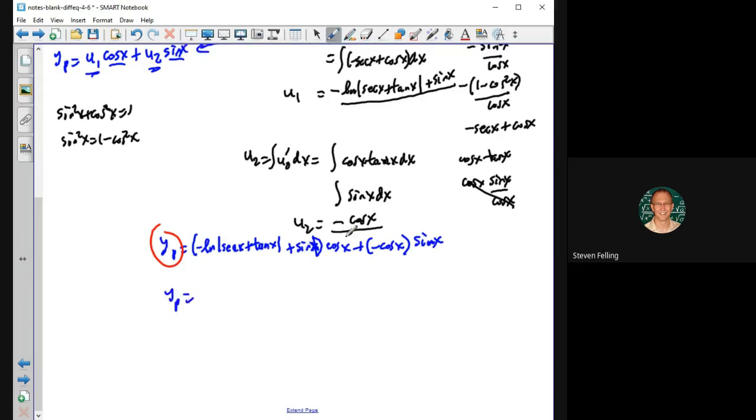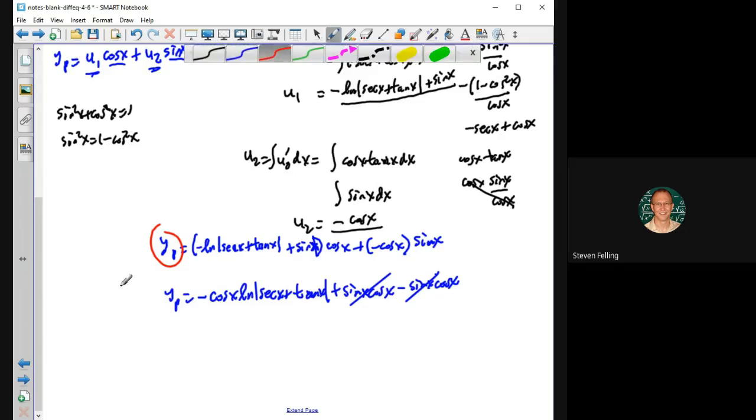Yp, if I multiply a cosine in here, I'm going to get negative cosine x natural log of the absolute value of secant x plus tan x. I don't think I can do much with that. But then I've got plus a sine x cosine x, and then minus a sine x cosine x. So this is definitely true that these will cancel. So that's yp.